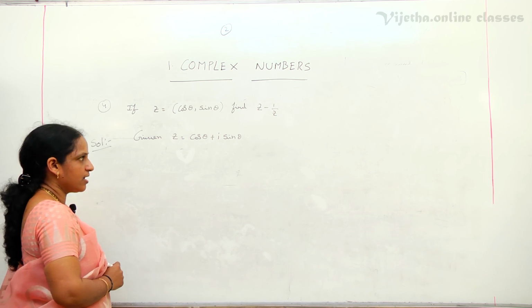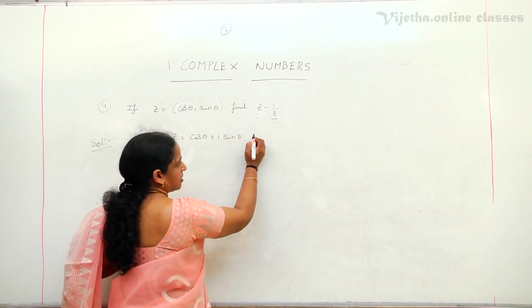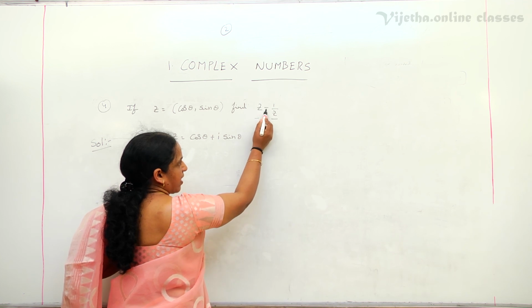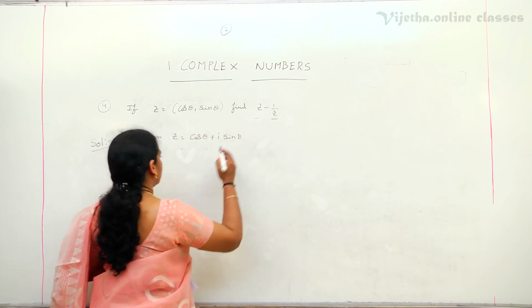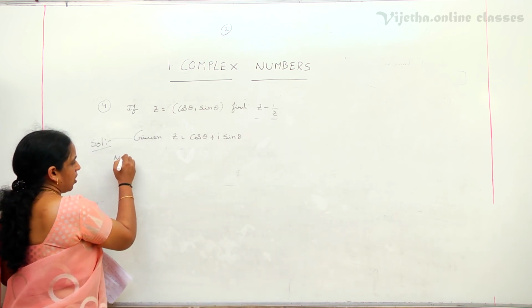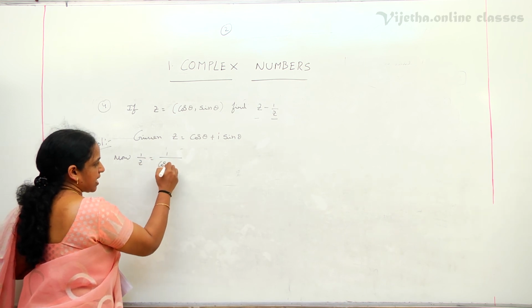Here Z and 1 by Z. Z minus 1 by Z means the difference between Z and 1 by Z. So first find the 1 by Z value. Now 1 by Z equals 1 by cos theta plus i sin theta.